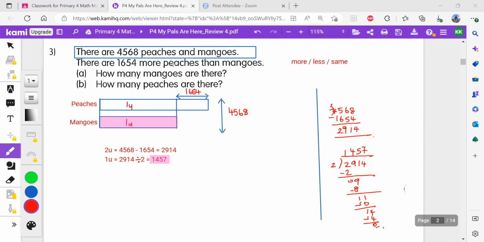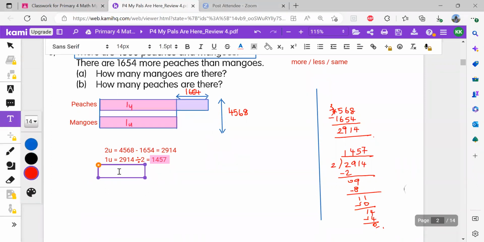Okay, so how many peaches are there? Now I know the number of peaches is made up of this 1 unit plus another 1654, because peaches is 1654 more than mangoes. Okay, so let me find the number of peaches. You simply write 1457, which is 1 unit, plus 1654.